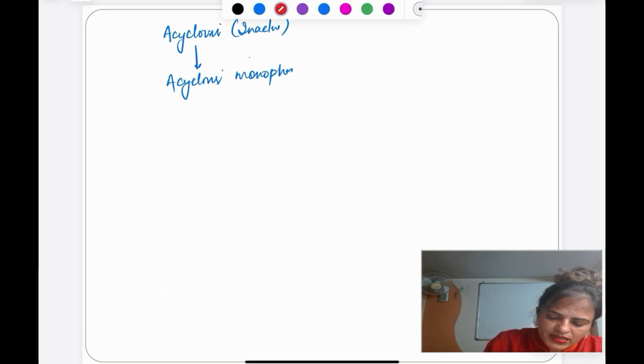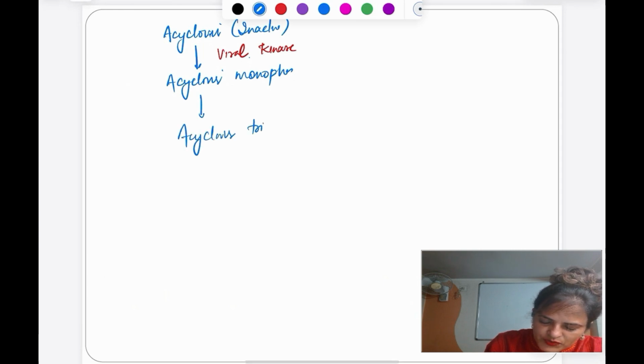Here the enzyme needed is a viral specific kinase. Then acyclovir triphosphate. Now this triphosphate, what does it require? It requires the host kinases.